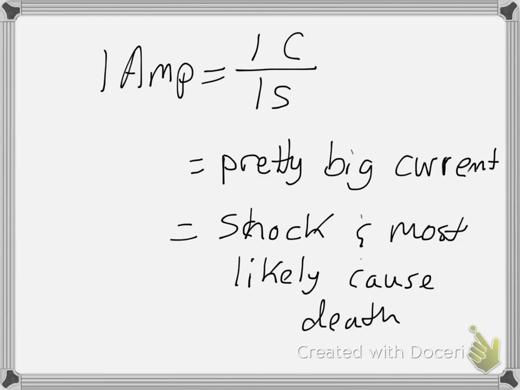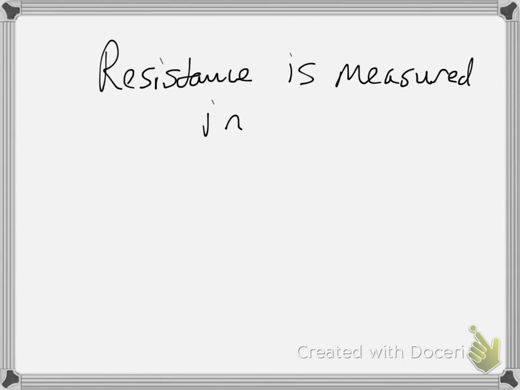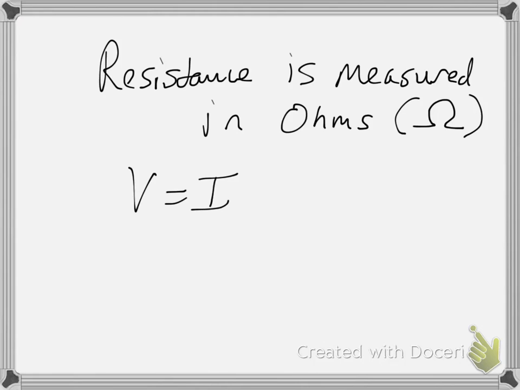All right. Okay. And so resistance is measured in ohms. Or symbolically, sometimes we use the Greek letter omega. All right. So what this is saying is that Ohm's law says V equals IR.